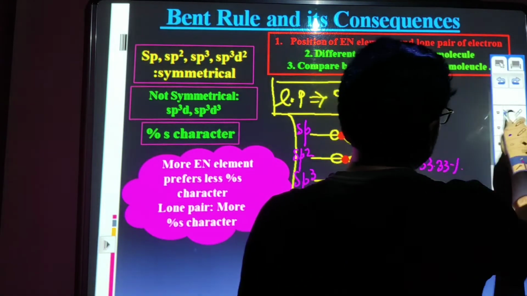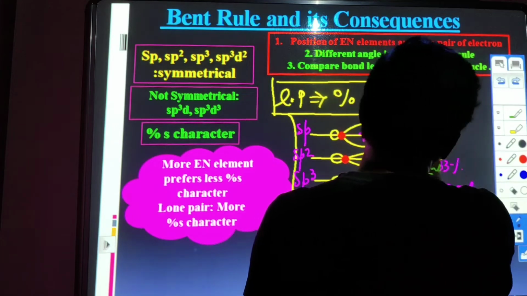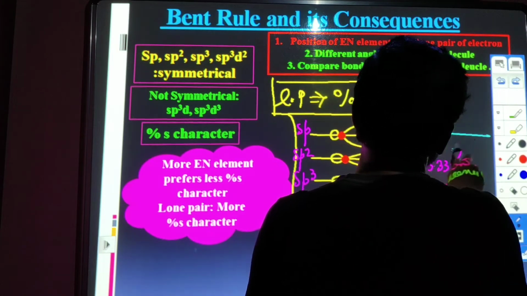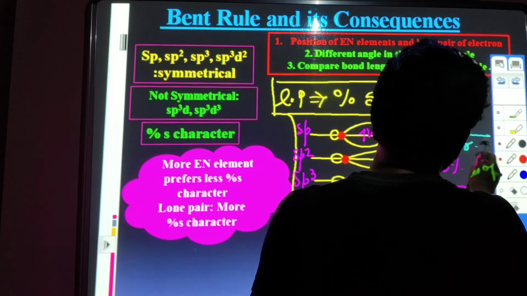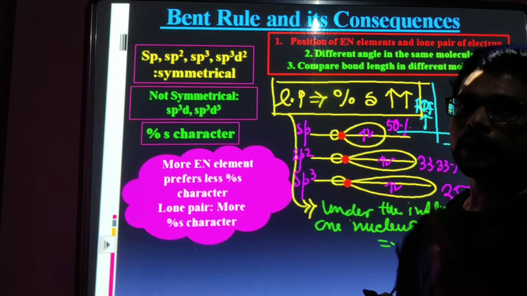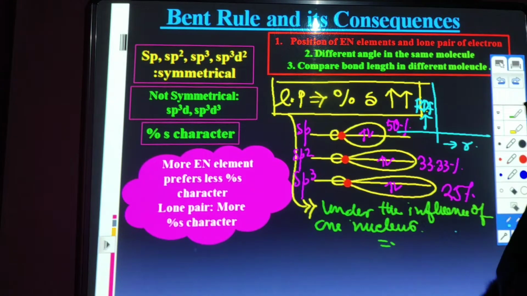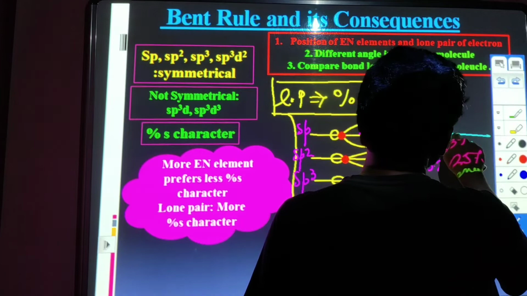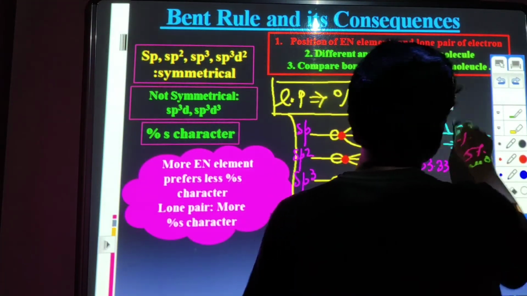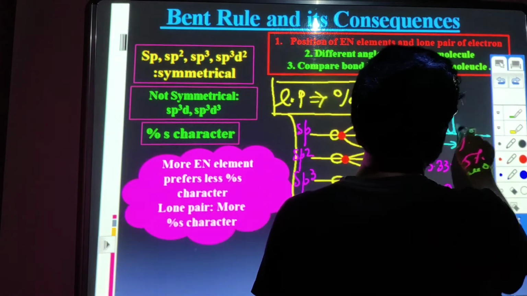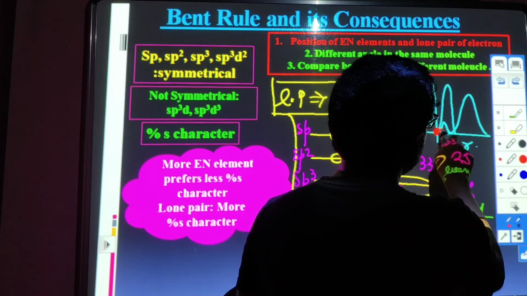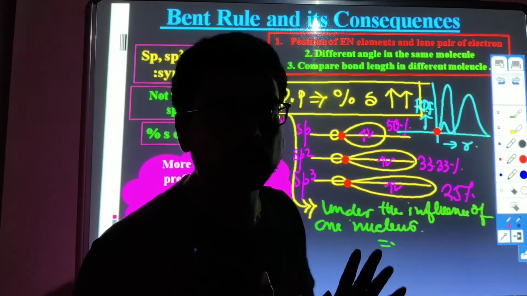Say if you look at the radial distribution functions versus distance from nucleus, what you have observed for 1s, 2s, 3s, 4s, you will get the probability of finding the electron near the nucleus for any s orbital. The 1s orbital will be like this. The 2s orbital will be like this. So near the nucleus, there is probability of finding the electron.